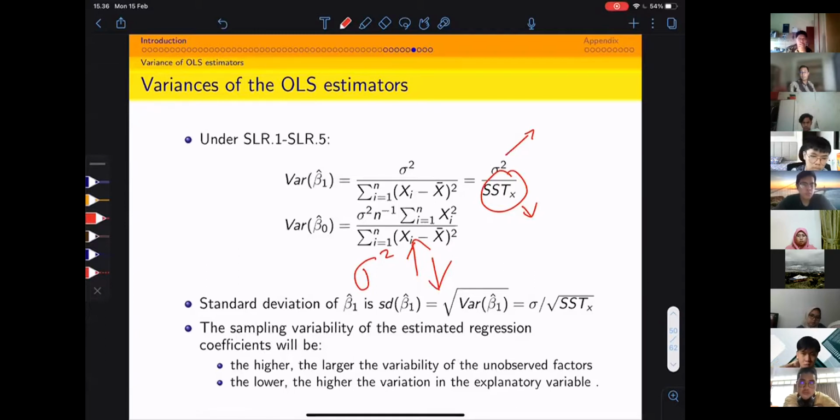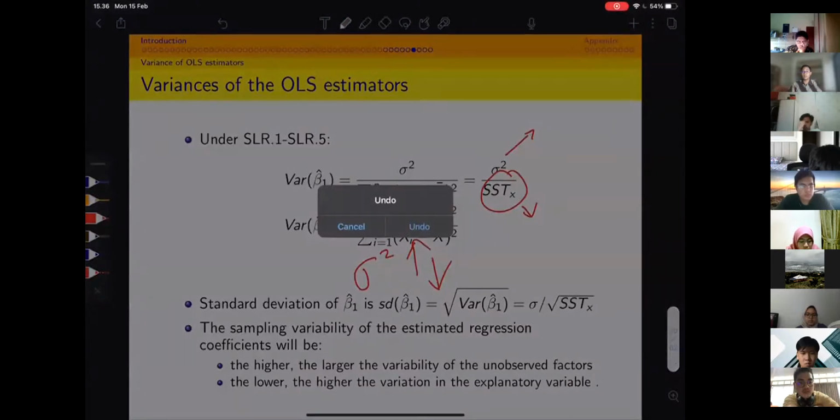It's actually ideal to get a lower sampling variability. Why? Because with lower sampling variability, you're more confident in the value of your estimate. But if the sampling variability is large, then we're not going to be that confident with the estimated coefficient that we get.